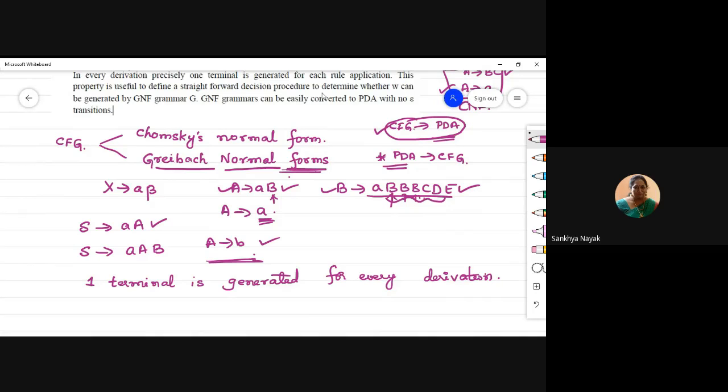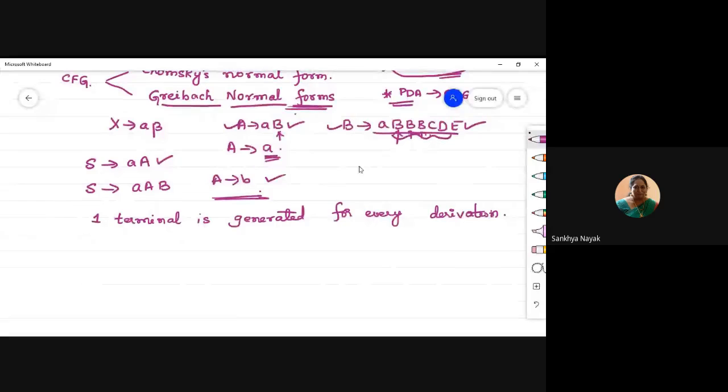So this means what? There is a very straightforward procedure to see whether a W, which means a string, can be generated from the grammar. So, a very straightforward method.